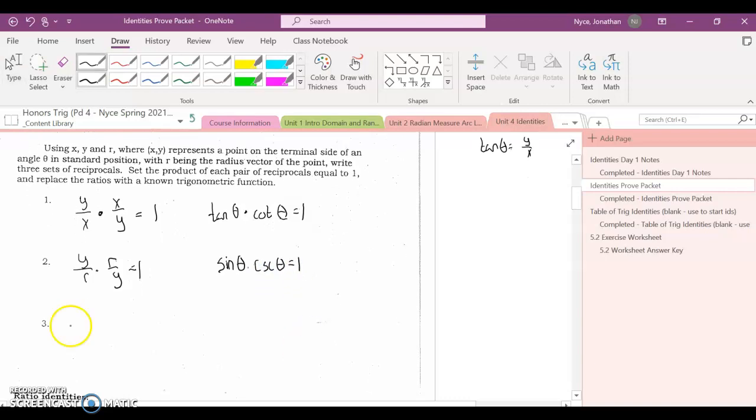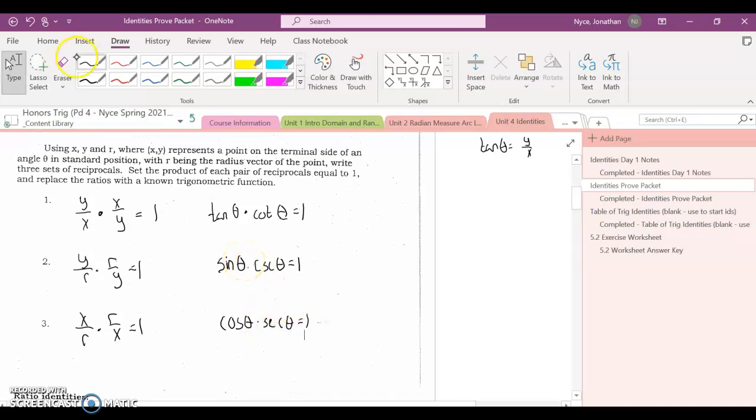And then the other combination, if we do x over r times r over x equals 1. X over r is cosine, and r over x is secant. So cosine times secant is equal to 1.